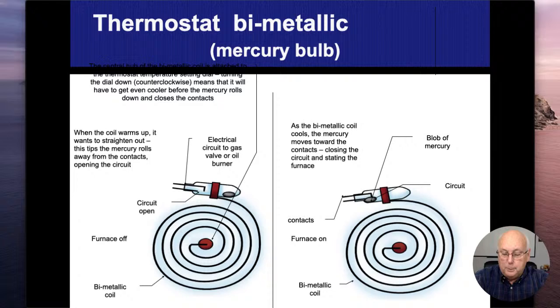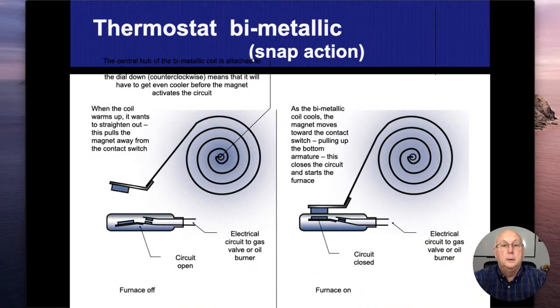Mercury was found to be bad for human beings, so we started getting rid of it. Nowadays, we're using magnets and getting rid of the mercury, but it's still the same principle.